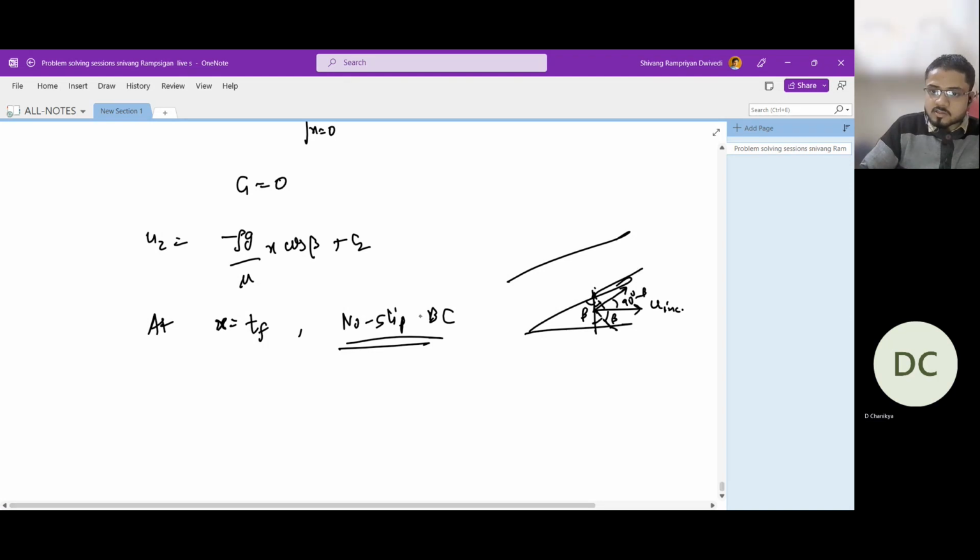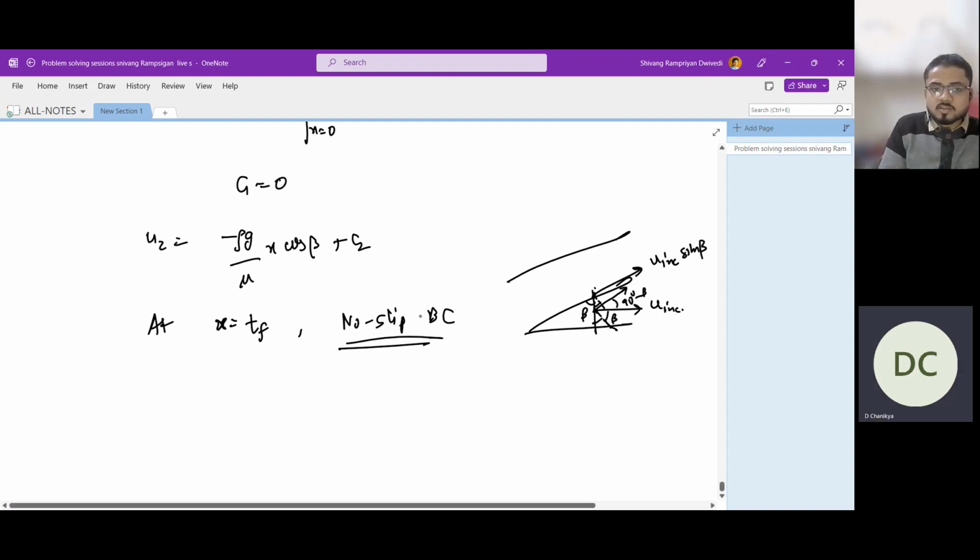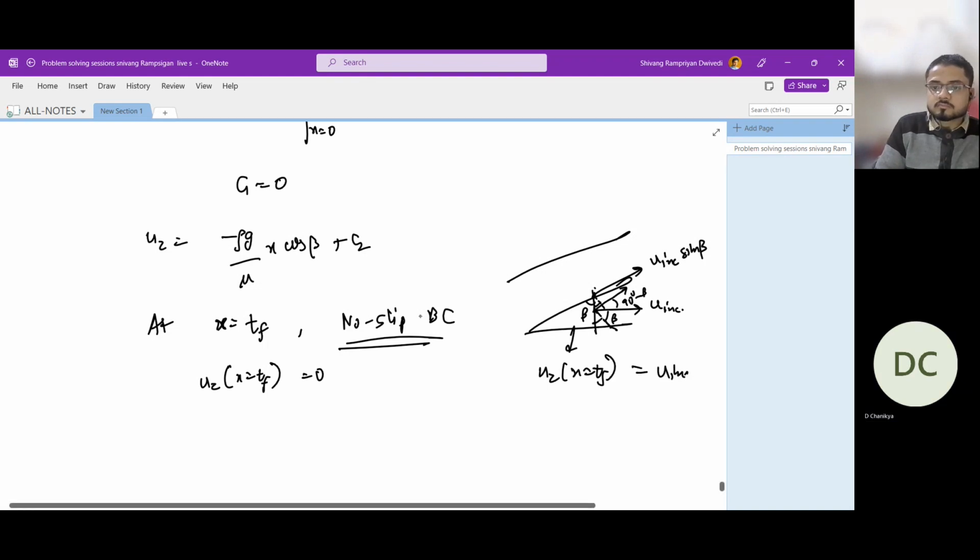So this velocity would be u inclined sine beta, right? So at this point, you can write uz at x equals tf is equal to 0 in the original condition, but here you'll have to write uz at x equals tf is equal to u inclined sine beta. Good?